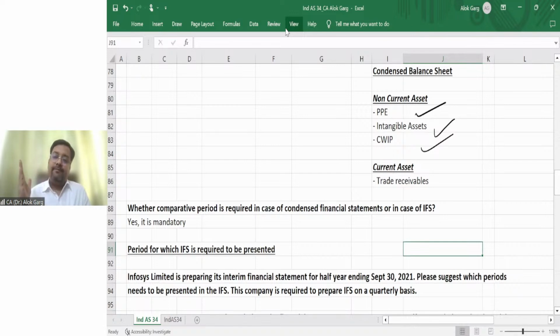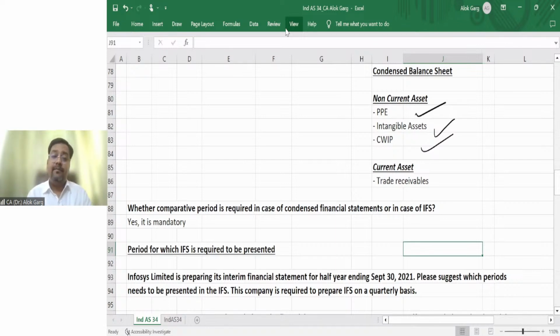We have to give the comparative P&L for the year ended 31st March 22, the comparative cash flow for the year ended 31st March 22, and the comparative statement of changes in equity for 31st March 22. We have to give the notes to accounts for the current year and for the last year.